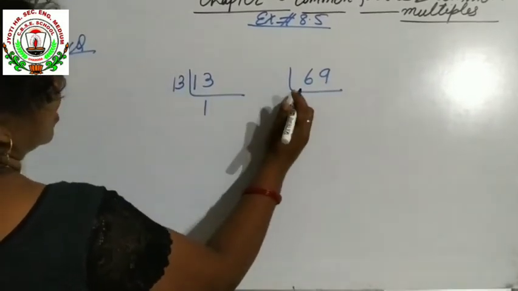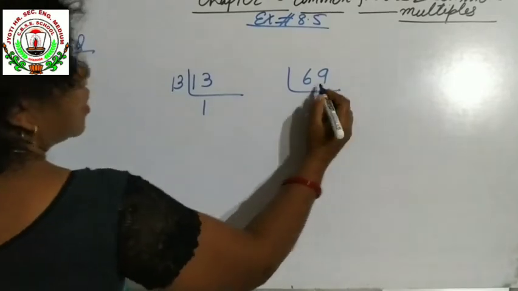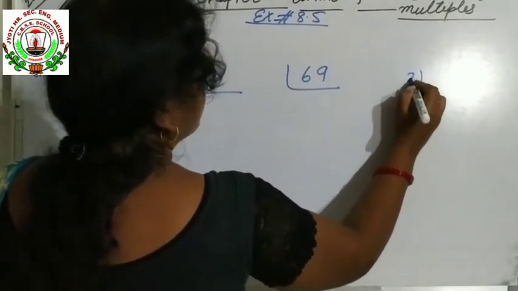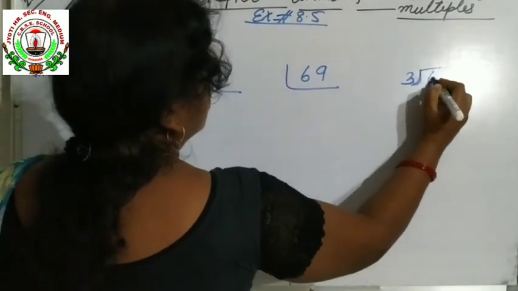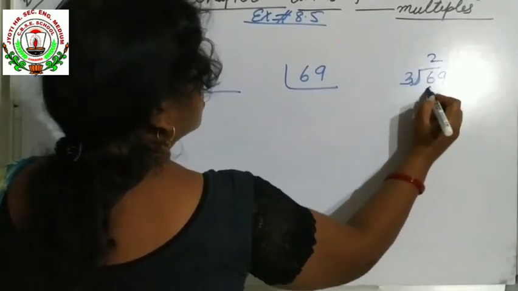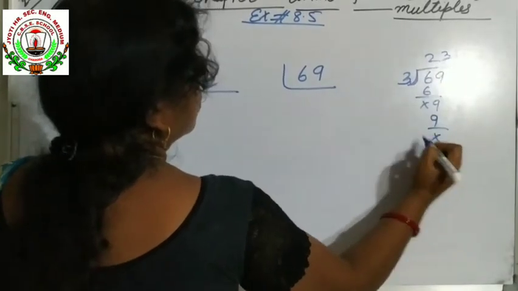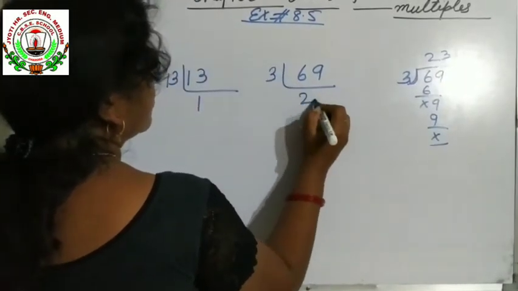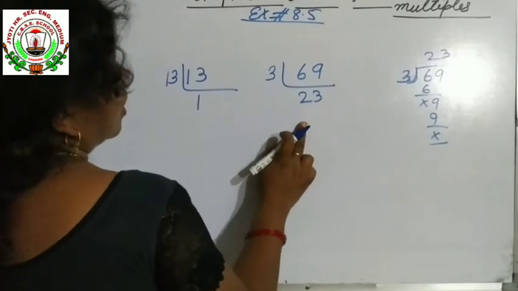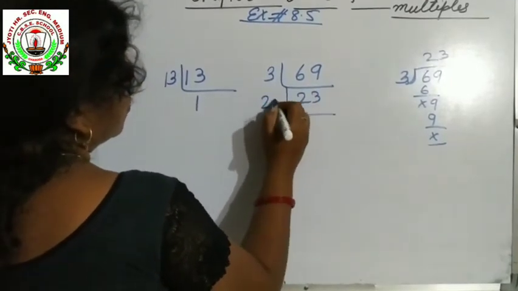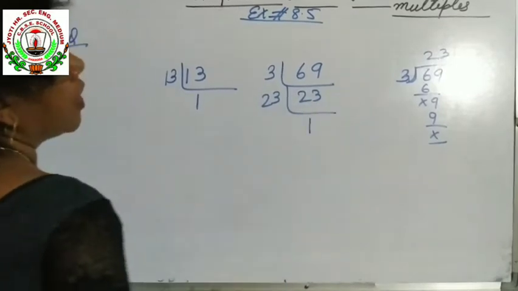Now 69 is an odd number, so we will not take 2, we will take 3. Check it: 3 twos are 6, 3 threes are 9, so 23 comes as the quotient. Now 23 is also a prime number. It goes only by the 23 table, or you can leave it here.